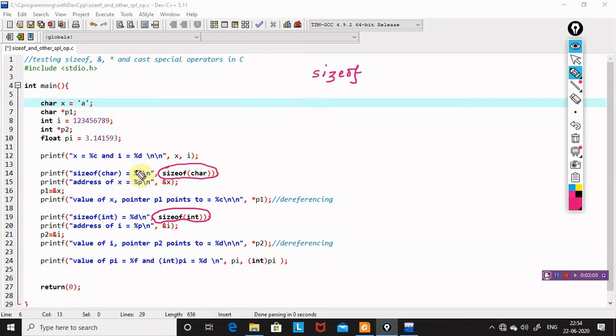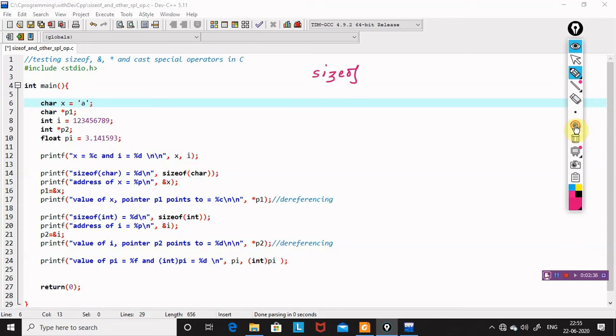So we would expect to see 1 over here in this place. Similarly, when sizeof operator is operated on the int data type, now int data type corresponds to usually 4 bytes or 32 bits. So the size in bytes is 4. So we would expect 4 to be printed in this place.